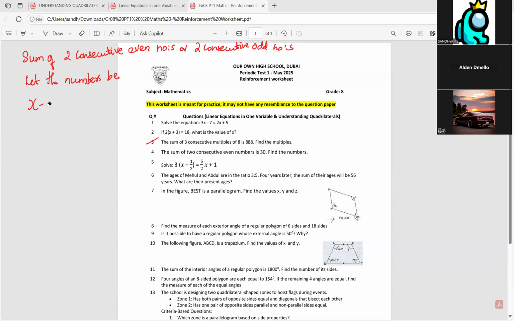You can take x minus 2 also, but you just simply take this. This is easy. x and x plus 2. Understood?